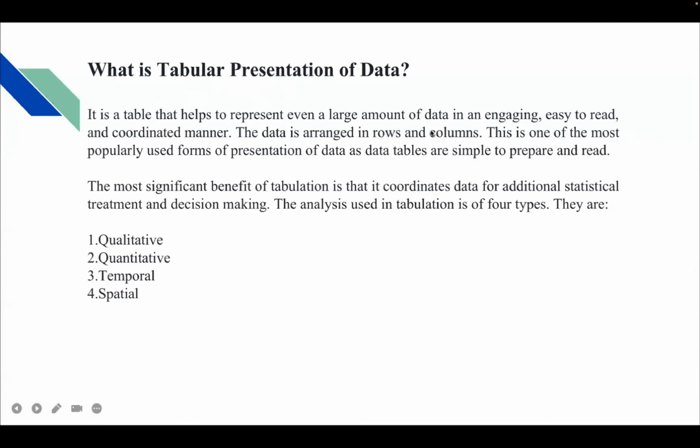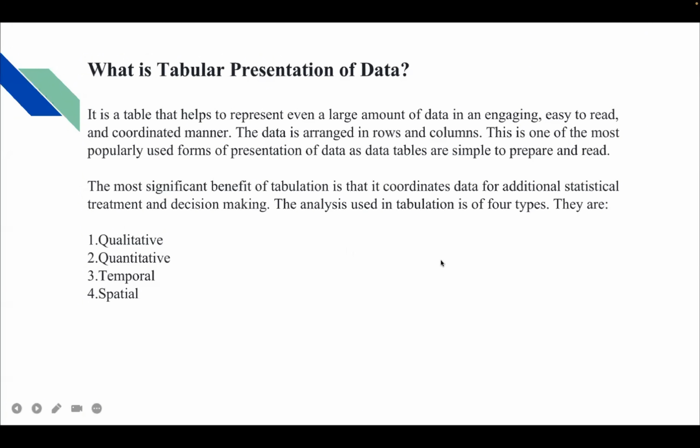The data is arranged in rows and columns, and this is one of the most popularly used forms of presentation of data, as data tables are simple to prepare and read. The most significant benefit of tabulation is that it coordinates data for additional statistical treatment and decision making.